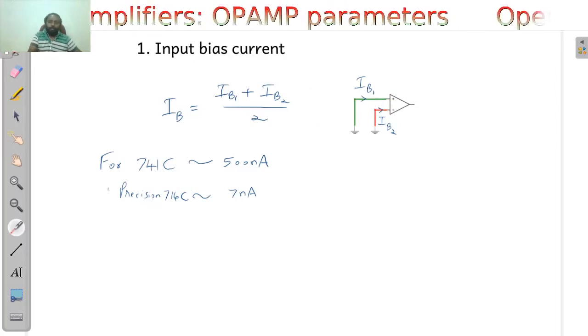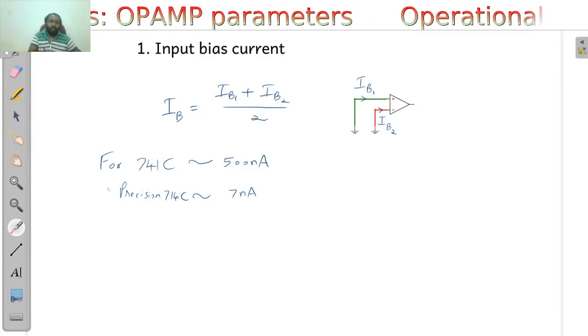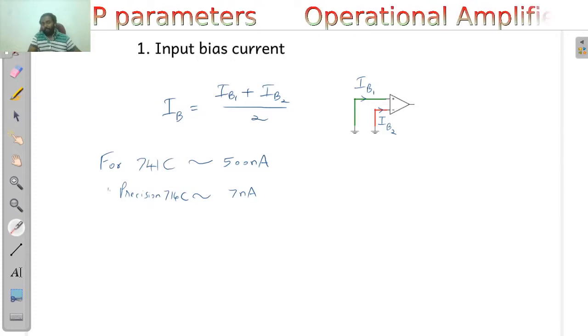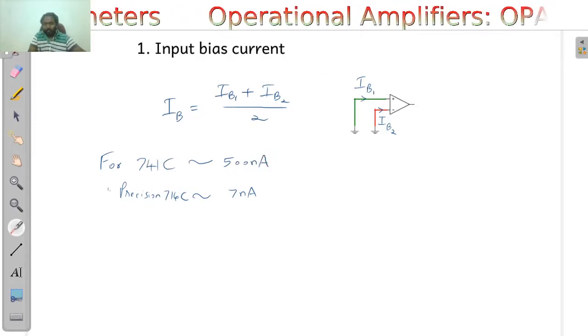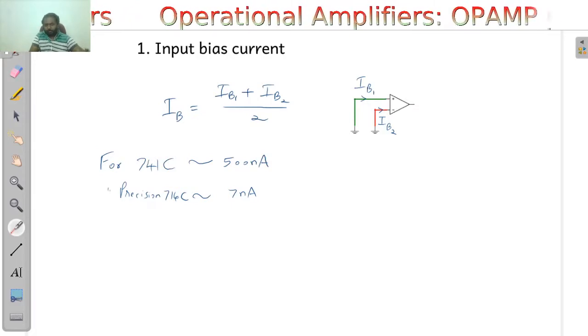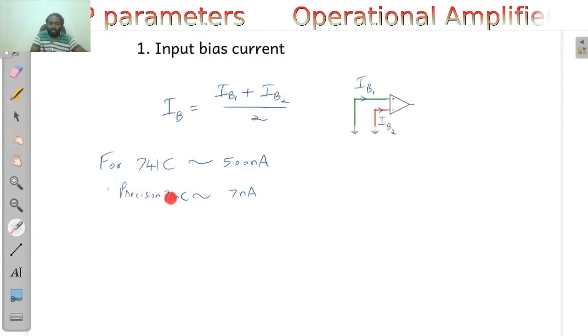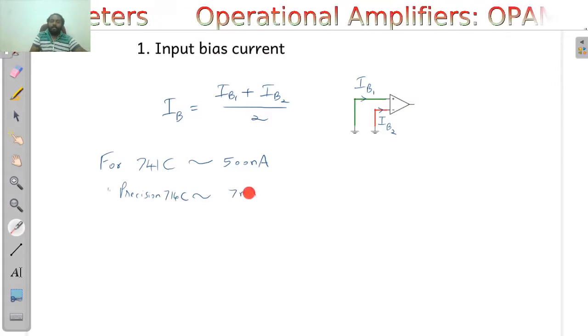Take the average of that and you get the input bias current. For a 741 series operational amplifier, this input bias current is around 500 nanoamperes. It is a feeble current, but still, sometimes it can be noisy. So you would choose a precision 714 series operational amplifier which has only 7 nanoamperes.